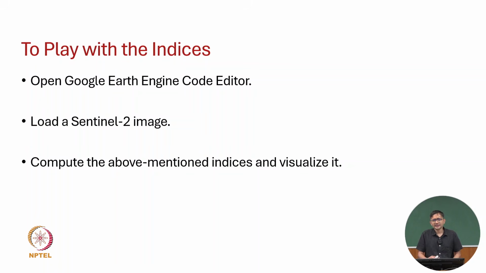There is a visualization panel available with the Google Earth Engine code editor itself. You can see the map, toggle between your index and the map, and overlay also. That way you can get an idea how effective they are. Okay.